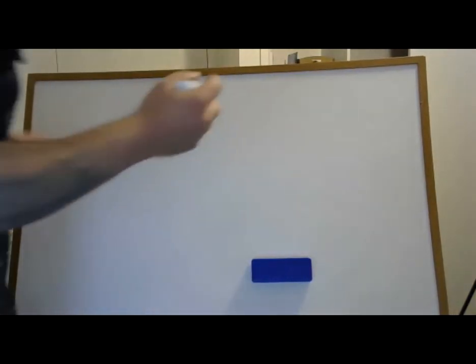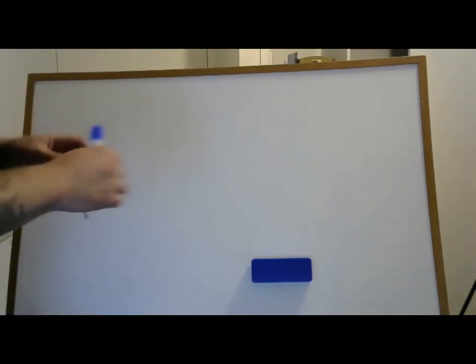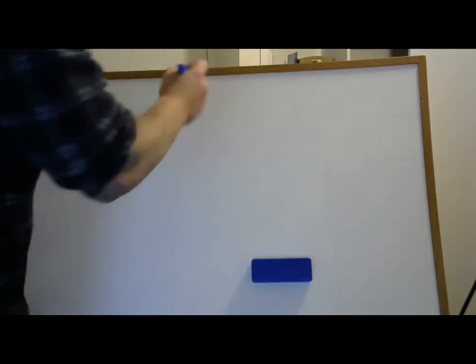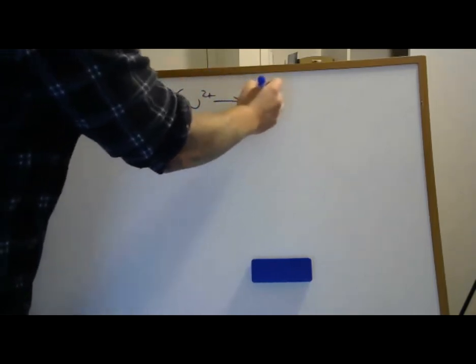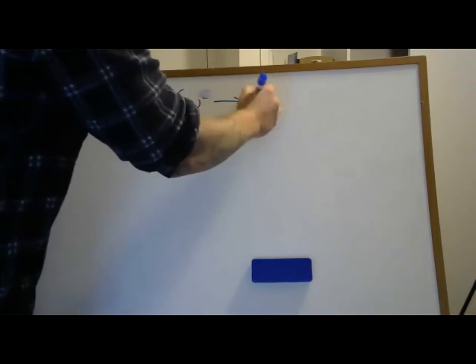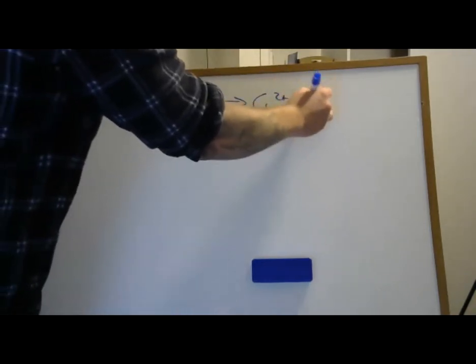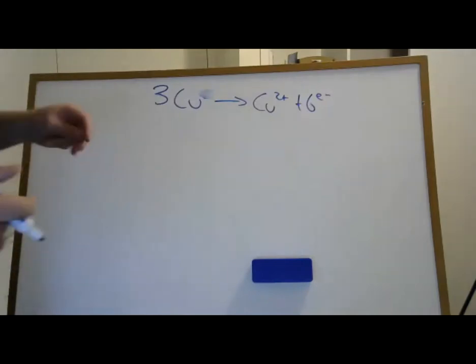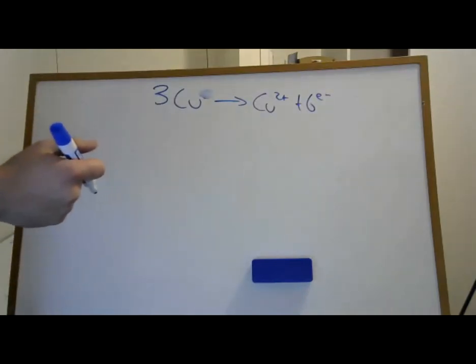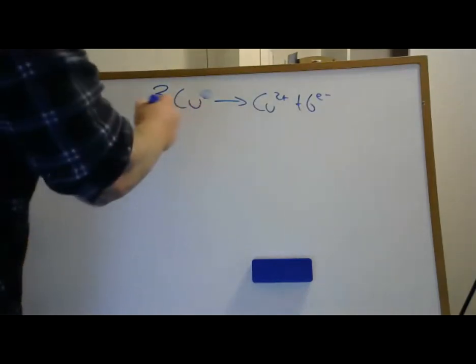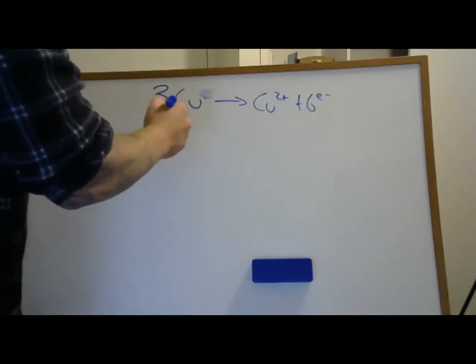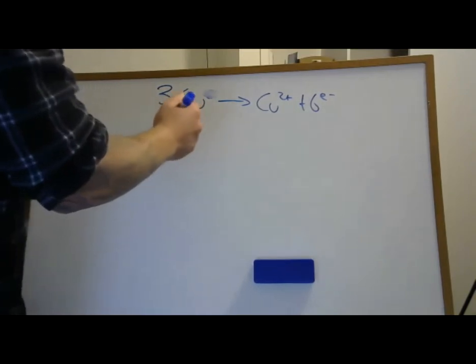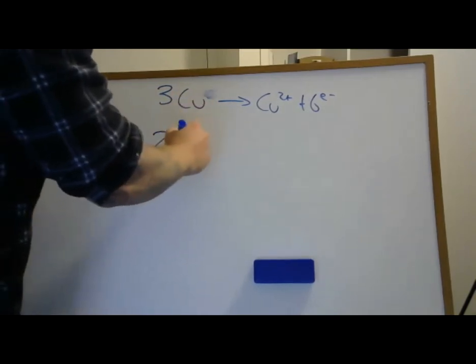So our oxidation reaction is 3 copper. The reduction reaction is 2 HNO3.